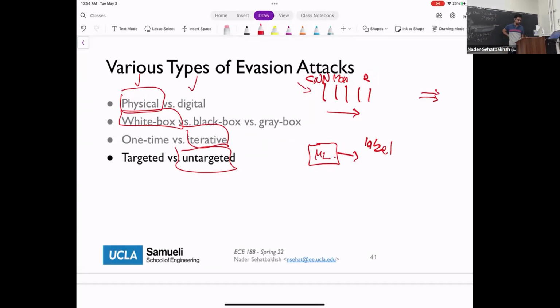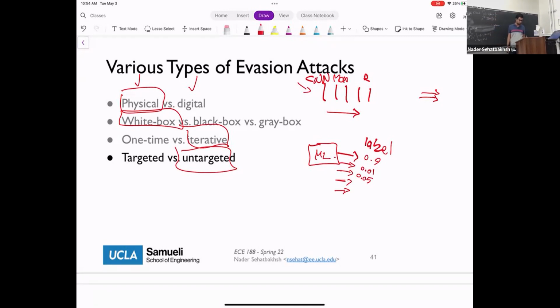Another option is that the machine learning system is actually giving you the confidence value of all the classes. So basically saying there's a 90% chance this is class 1, maybe 0.0% chance it's class 2, maybe 0.05 class 3, and so on. It gives you the actual confidence values for each of these classes.